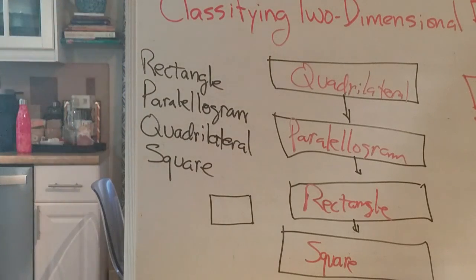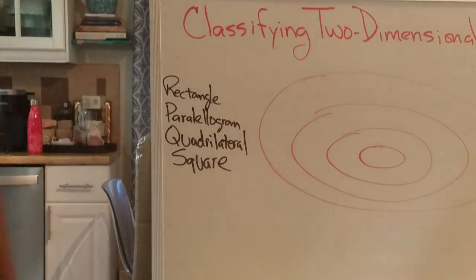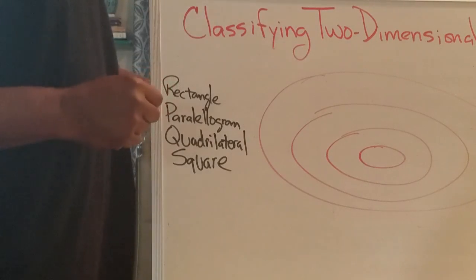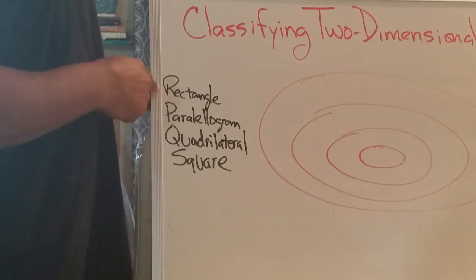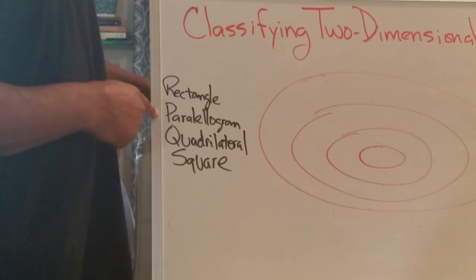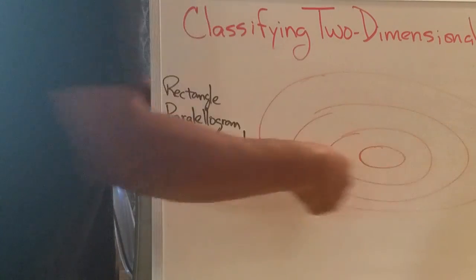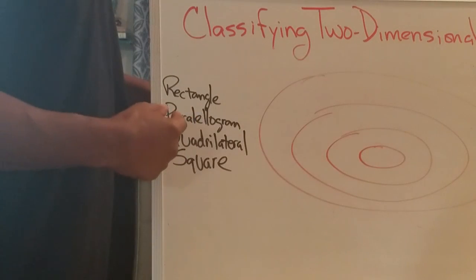Let's go to the next one. Okay, now let's take these same shapes, the rectangle, parallelogram, quadrilateral, and square, and let's put them in a different diagram, in a Venn diagram.